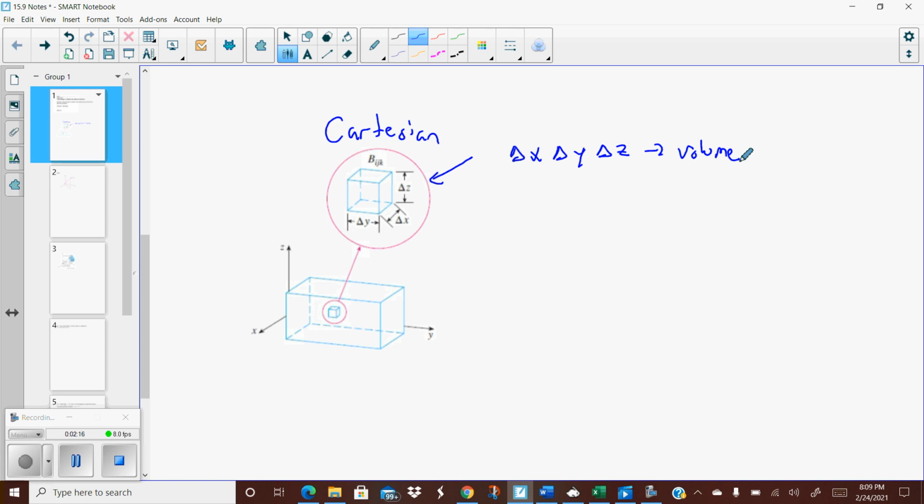And then if we wanted to find the mass, we know we would take the volume and multiply it by the density. So the volume, delta X, delta Y, delta Z, multiplied by the density, which is some kind of a rho function of X, Y, and Z, would equal the mass.